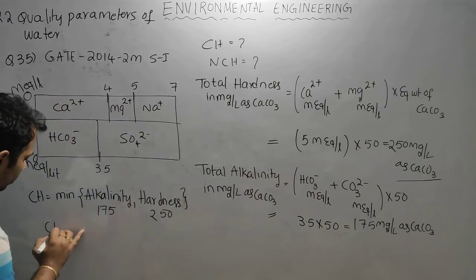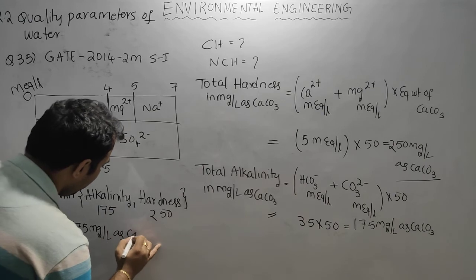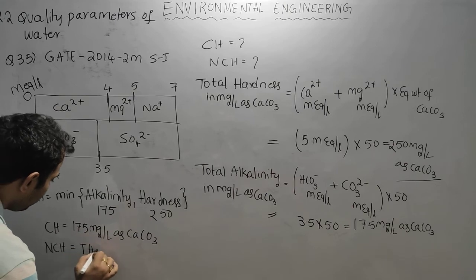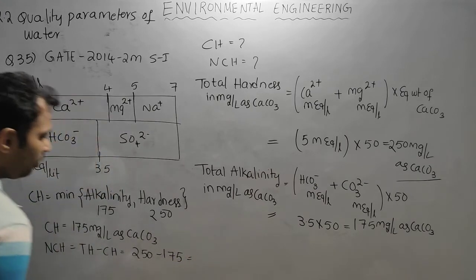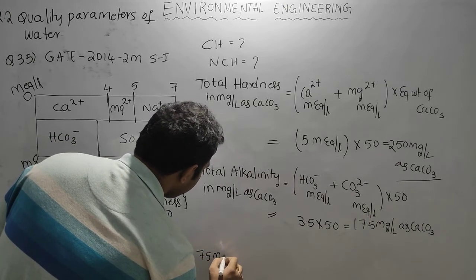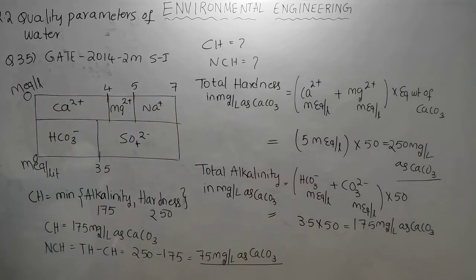So carbonate hardness is equal to 175 mg per liter as CaCO3, and non-carbonate hardness is equal to total hardness minus carbonate hardness, which is 250 minus 175, which is equal to 75 mg per liter as CaCO3. So the carbonate hardness is 175 and non-carbonate is 75.